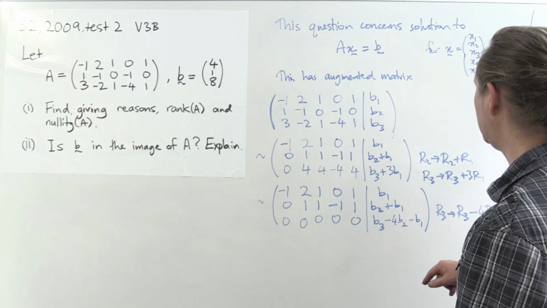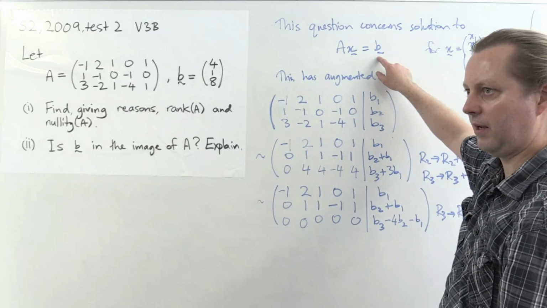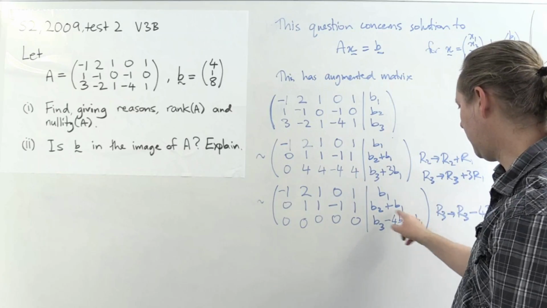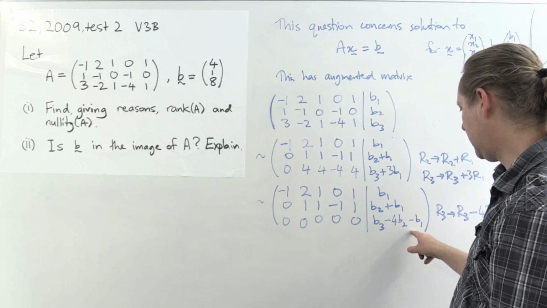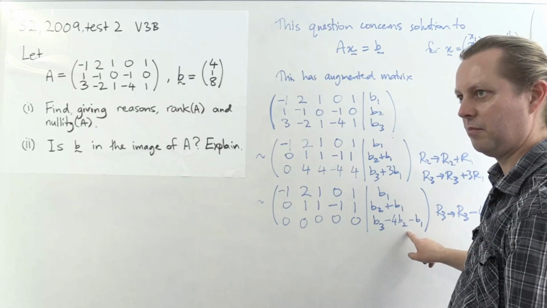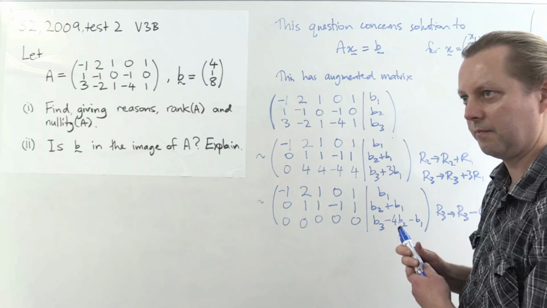So that cuts down the possible b's. The b's are all the things in the image of A, all the things you can get from A times a vector. So b lives in a 3-dimensional space. This cuts it down by 1 essentially, doesn't it? So it's 2-dimensional. There's one condition there.